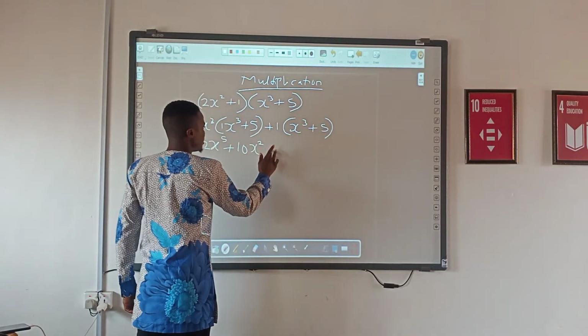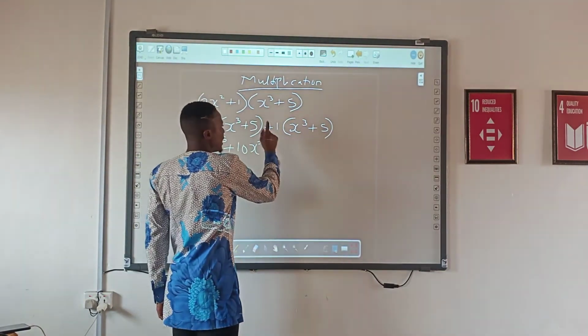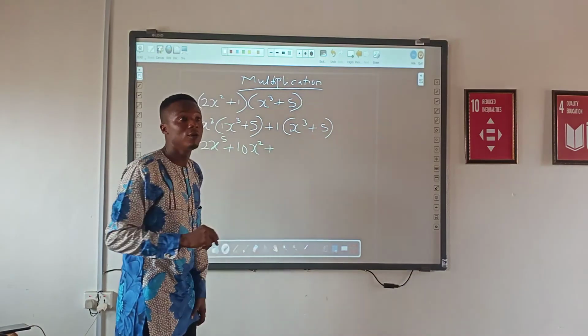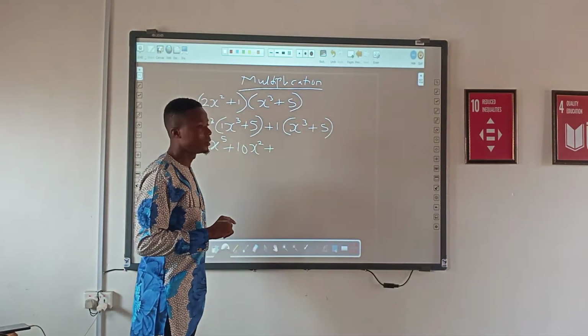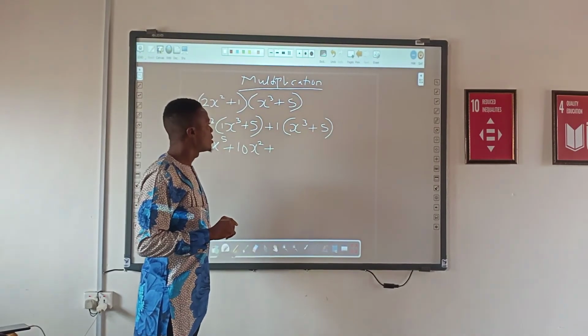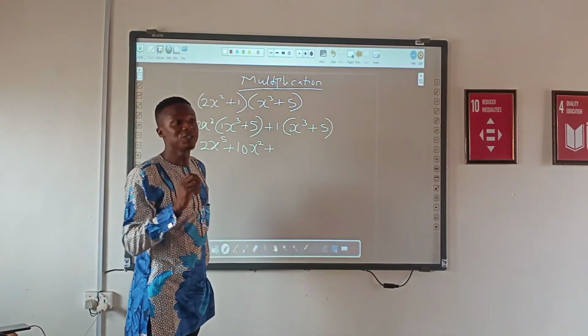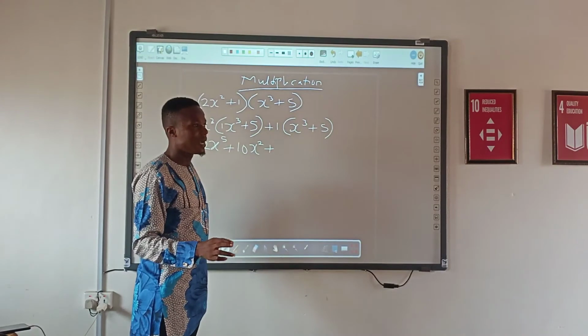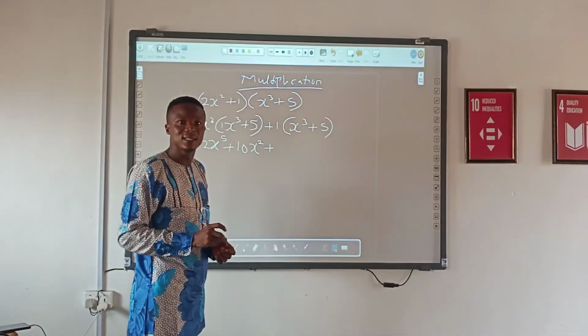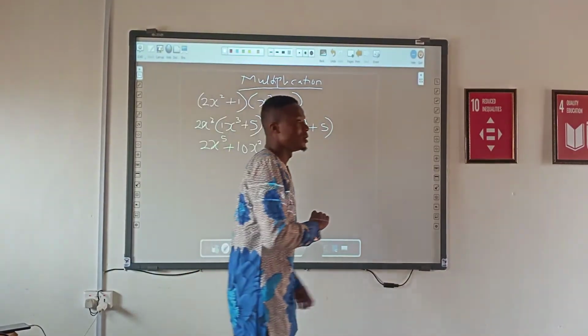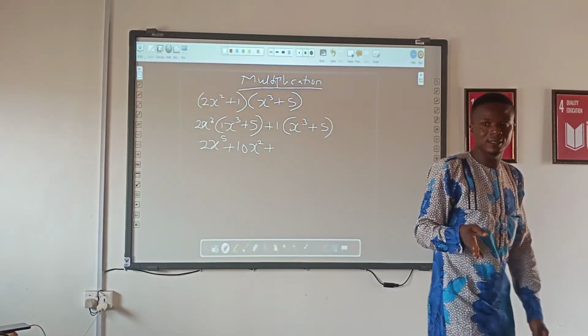10x squared. 1 is called the identity of multiplication. I hope you know why 1 is called the identity of multiplication? Because anything times 1 gives you the same thing. An identity element is that element that has no effect on other numbers or elements.